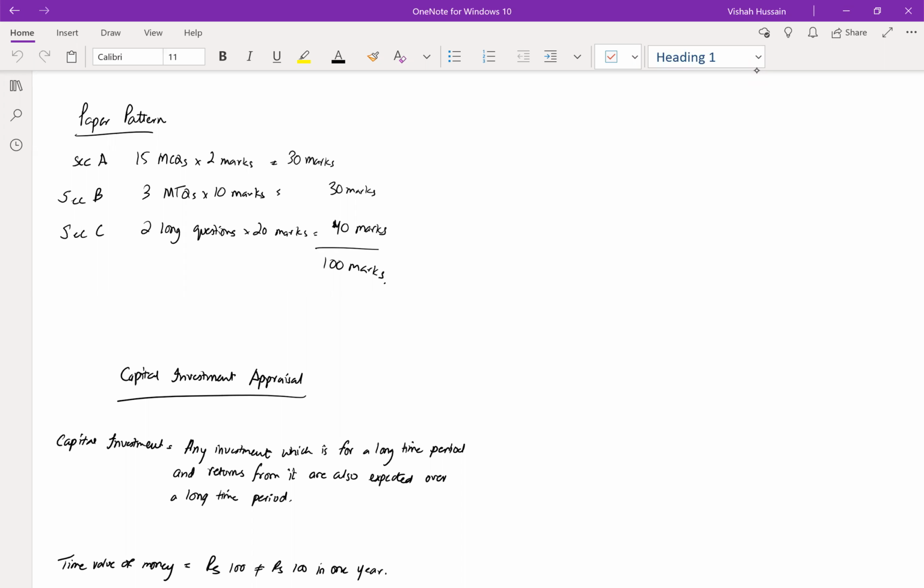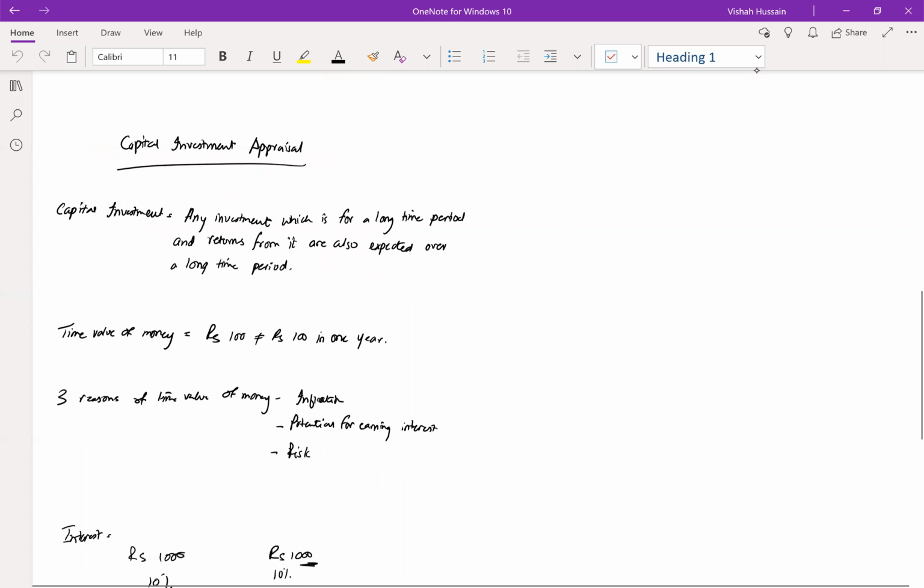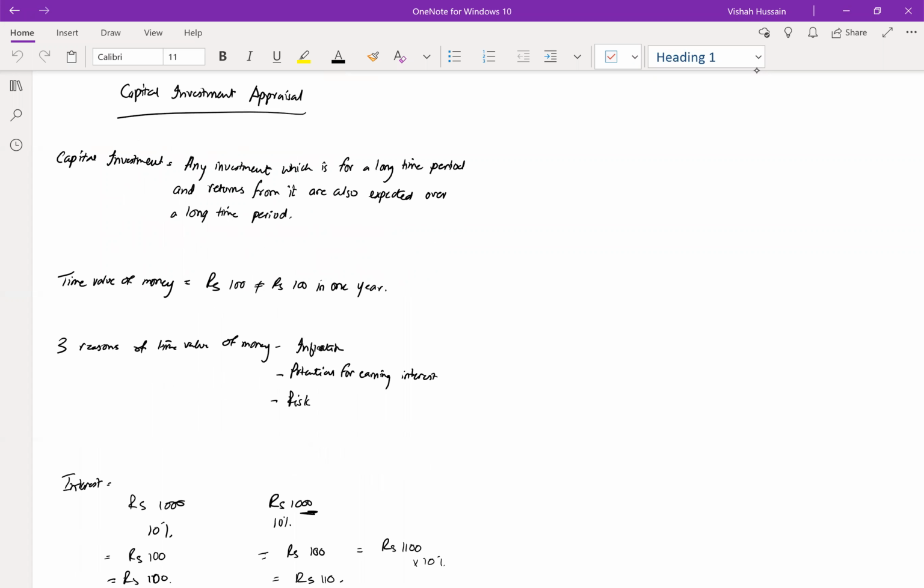Now, the first topic is capital investment appraisal. This chapter relates to capital expenditure and revenue expenditure. You must have heard the term capital expenditure in F3 and then in F7, if you are done with F7.